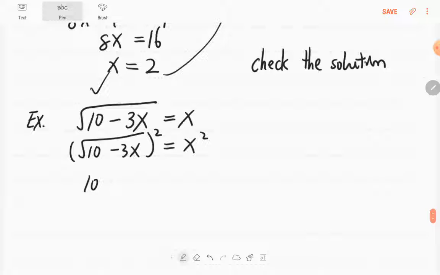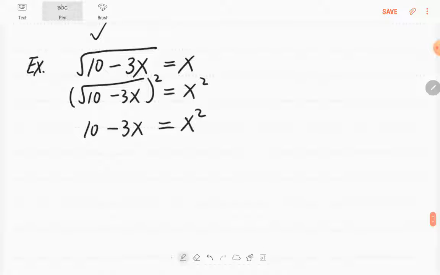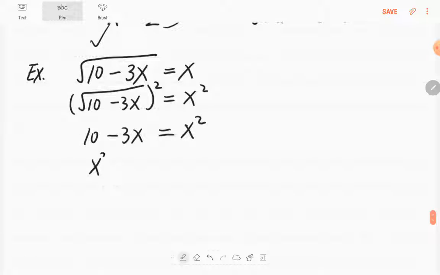So this is 10 minus 3x equals x squared. If we put all the terms on one side, it becomes x squared plus 3x, subtract 10, equals 0.